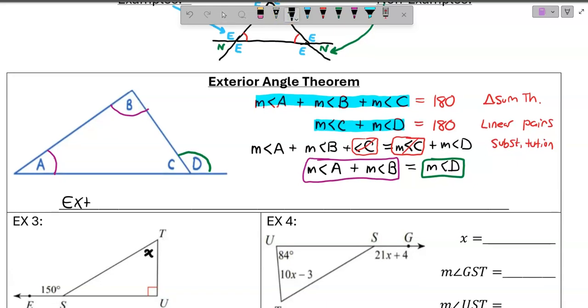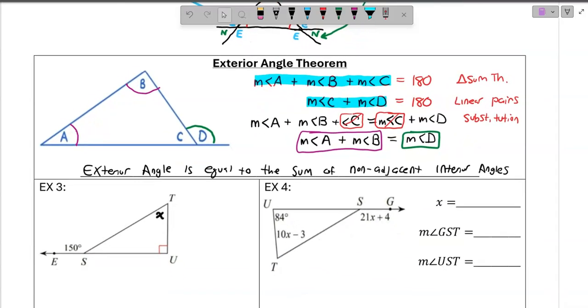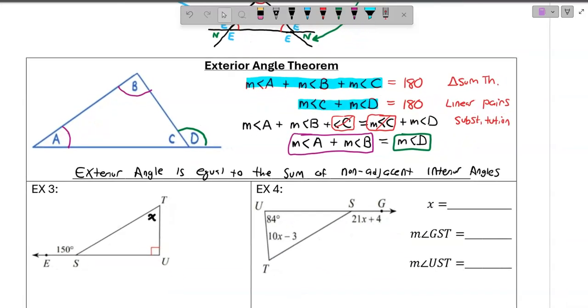It means that an exterior angle is equal to the sum of the non-adjacent interior angles, the ones that it is not next to. And the reason why is what I just showed you above. It's essentially combining the triangle sum theorem with the definition of a linear pair to create a new relationship that we can use in future problems.